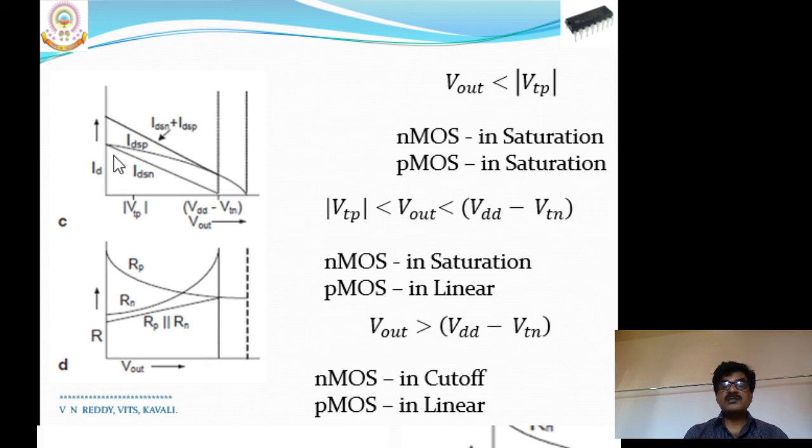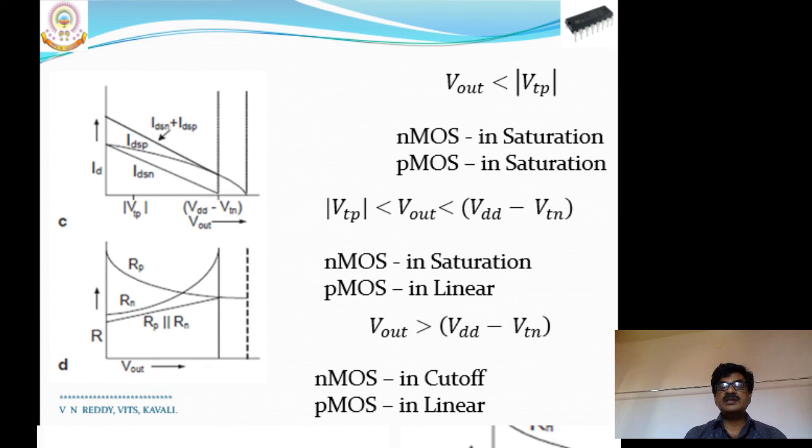Hence, since the Nmos transistor goes to cutoff, its current magnitude comes to 0 when Vout is greater than VDD minus VTN. But the Pmos transistor operates in the same linear portion, so the current magnitude is like this, with VDS peak current this much. But it also comes to 0 at higher output voltages.